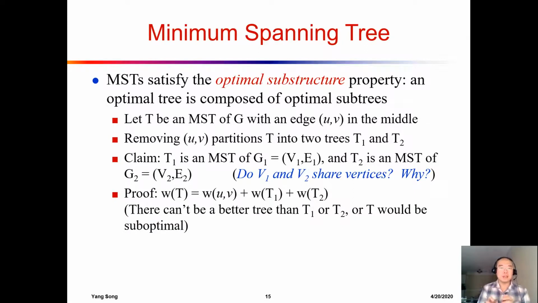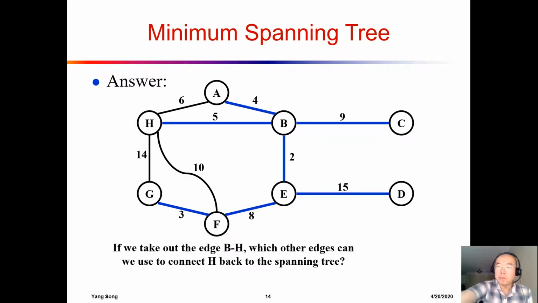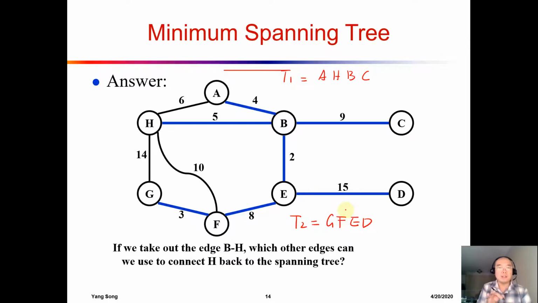If we use this one as an example, oh, that's my pen. Okay, we use tree 1 as A, H, B, and C. And we also have tree 2, that is G, F, E, and D. So we are dividing this MST into two smaller trees, T1 and T2.